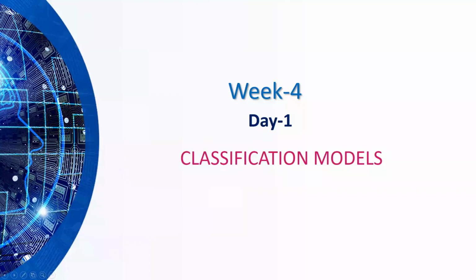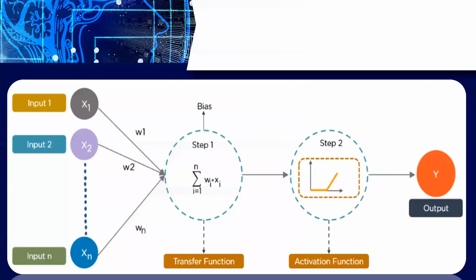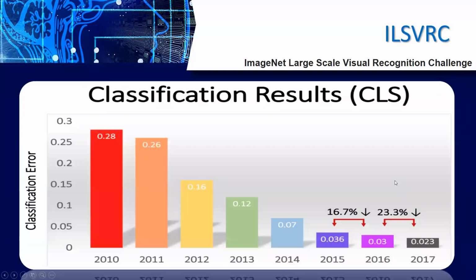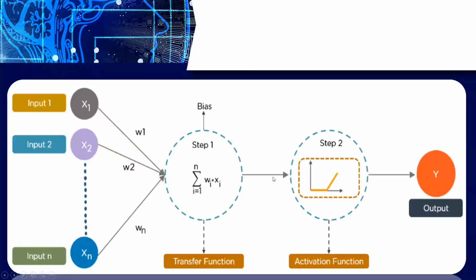This is the session from yesterday, day 1: what classification is and what the different classification models are, and what a network is. Here we have one input layer and one output layer. Between these two layers, we have multiple hidden layers. Hidden layers means we use one fully connected dense layer along with one activation layer.